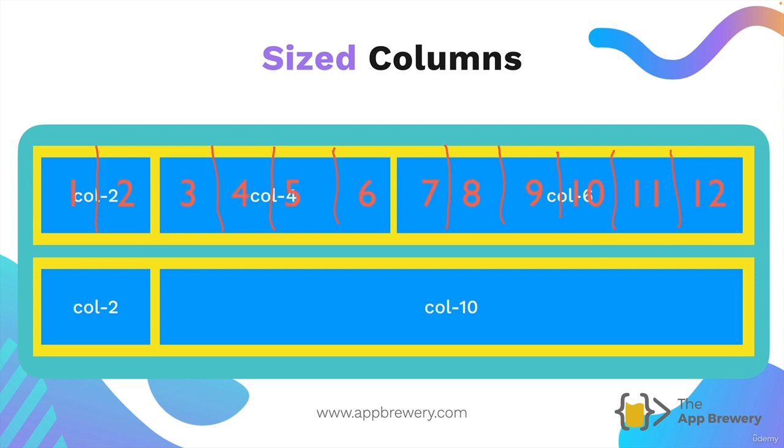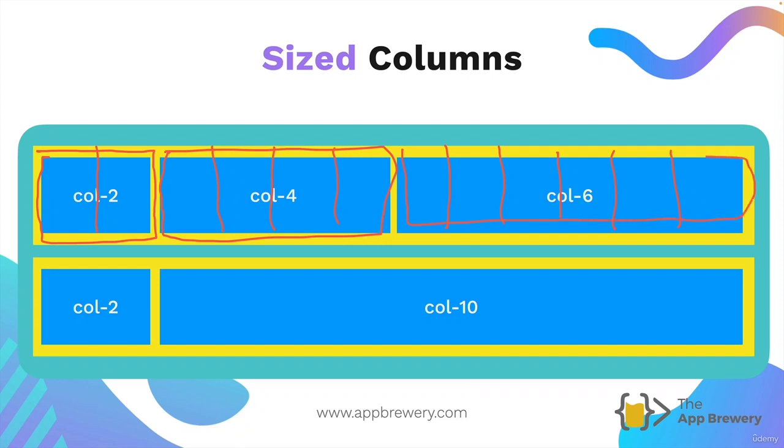So if you count, this is actually a total of 12. Then when we create a div, we can specify, well, how many of these columns do we want to occupy? In this case, this div wants 2 of those columns, and then this one wants 4 of them, and then the final one wants 6.